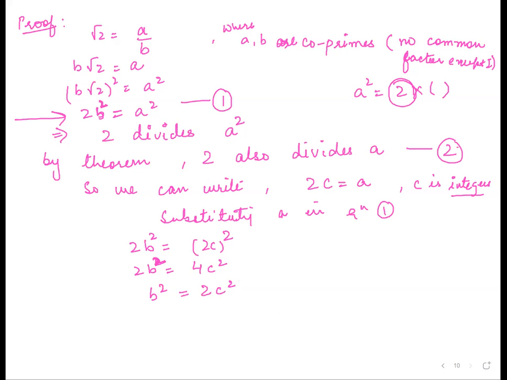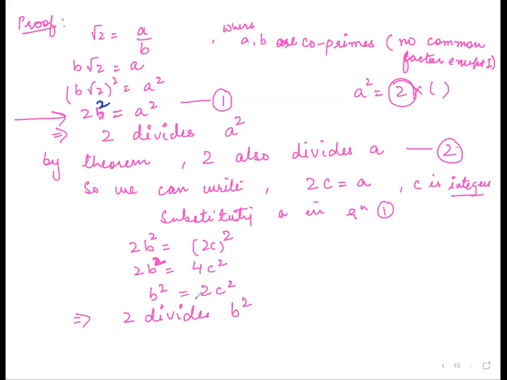Okay. So please do the correction here. I just forgot this 2. So it was 2B square because I'm doing the whole square. So this is the result I'm getting here. So B square is equal to 2C square. So again, this implies that 2 divides B square, correct? Yes.